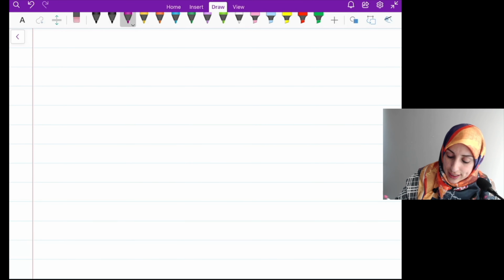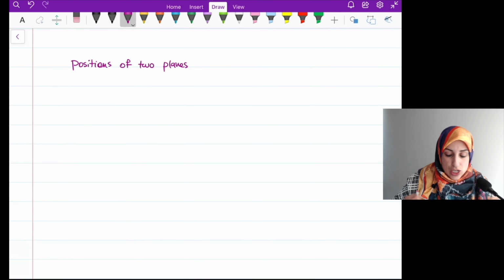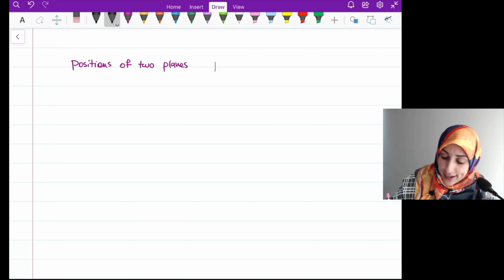And also let's talk about positions of two planes. Two planes can be parallel to each other, or they can intersect in a line.